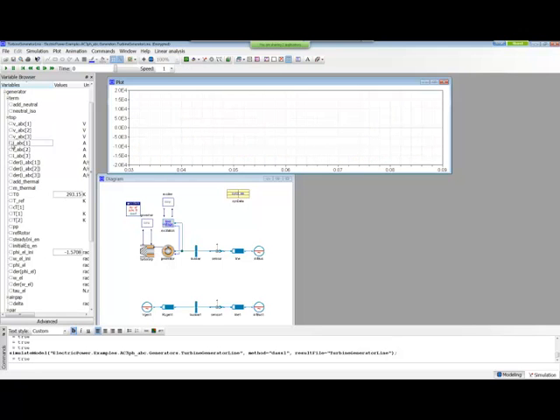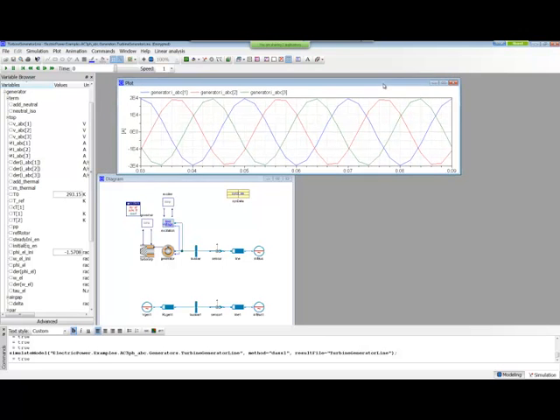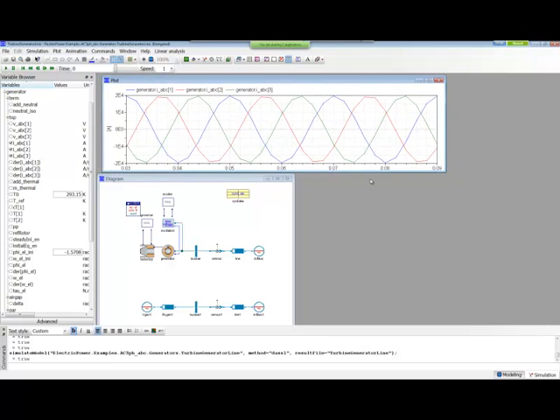You could look at the currents in the same way. For the DQ example, it would be straight lines actually for the current and voltage, because it's transformed. But ABC contains the actual sine waves of the electrical current and voltage.